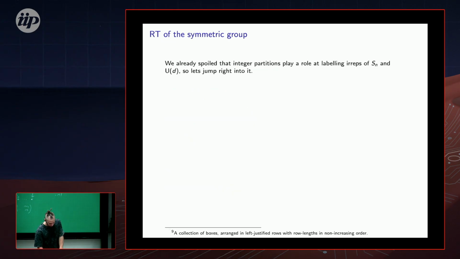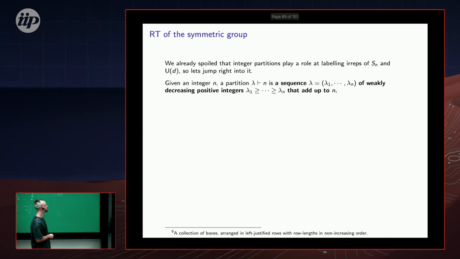A little bit of symmetric group rep theory. There's something called integer partitions that play an important role in labeling irreps of Sn, and of UD, this mysterious label that we saw. So let's jump right into it.